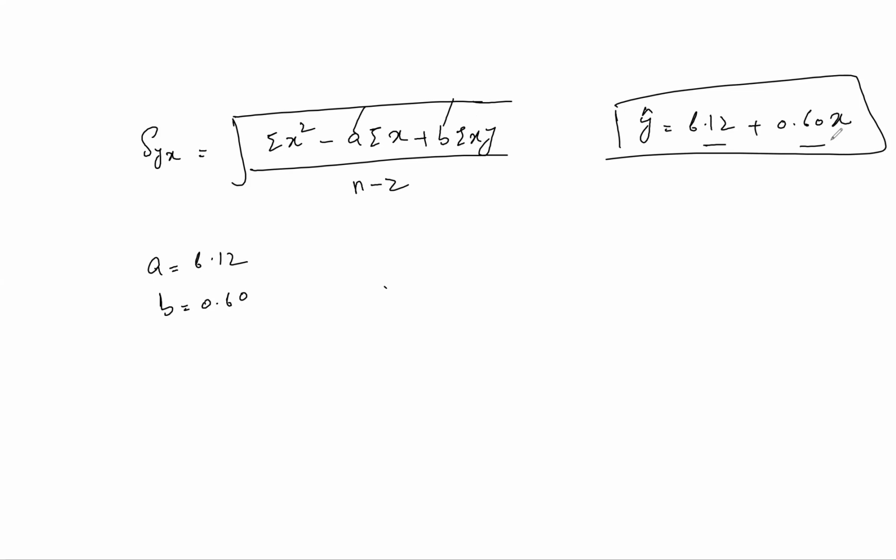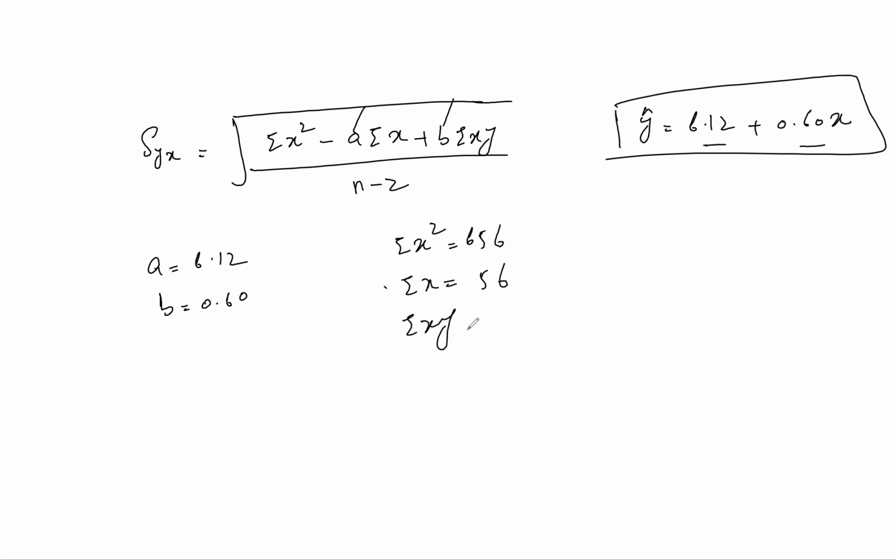Sum of x square we know is 656. Sum of x is 56.